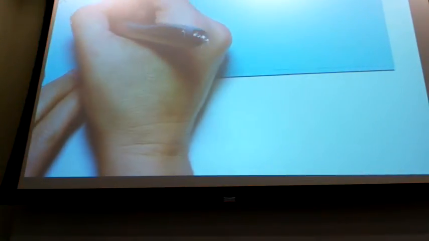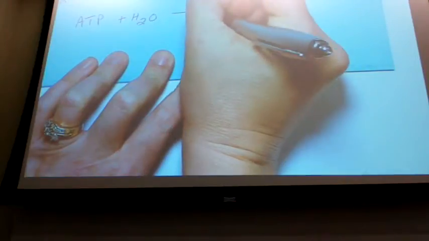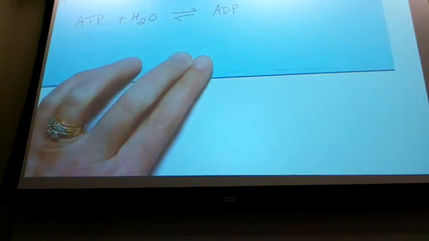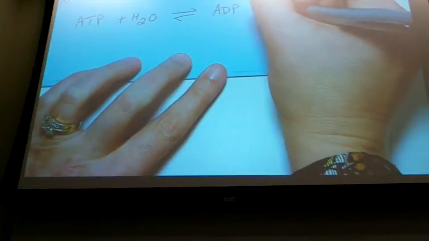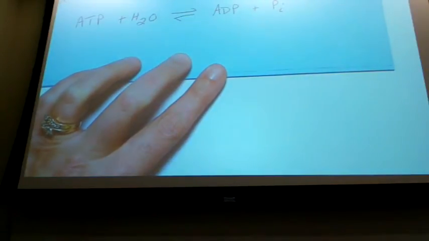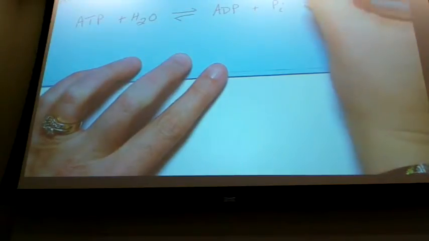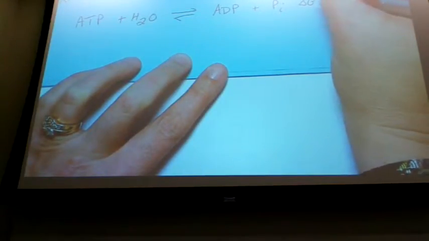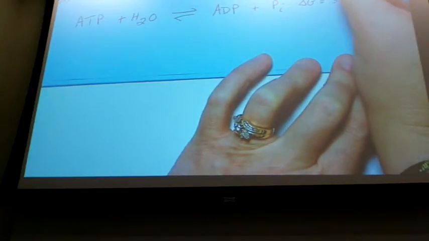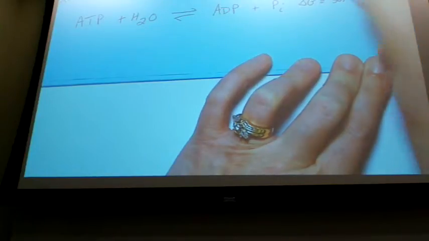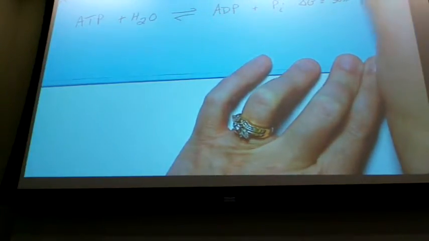Okay, so you did a couple of these on the homework. ATP plus water actually has multiple possible outcomes. One, probably the most common, is you just hydrolyze off the terminal phosphate, and we get ADP, the diphosphate, plus an inorganic phosphate. The standard free energy change for that is one you should know by heart, but I'm going to give you a table on the exam. It's negative 30.5 kilojoules per mole.